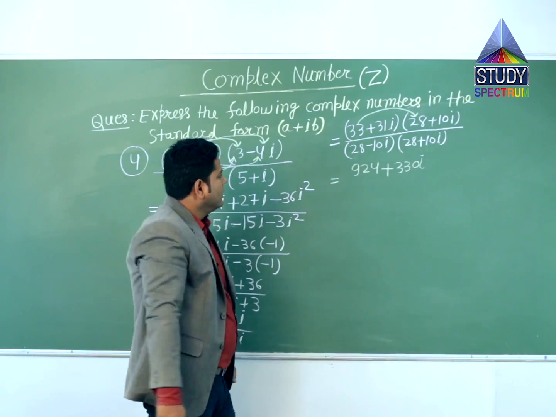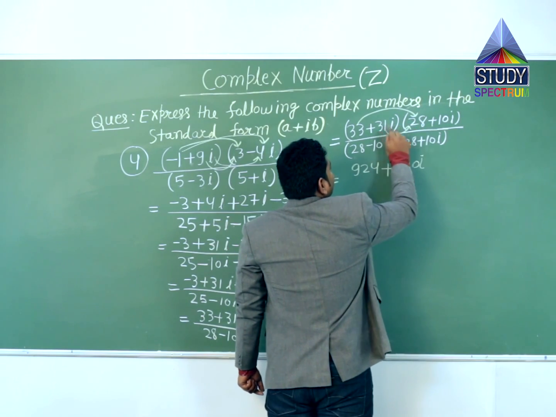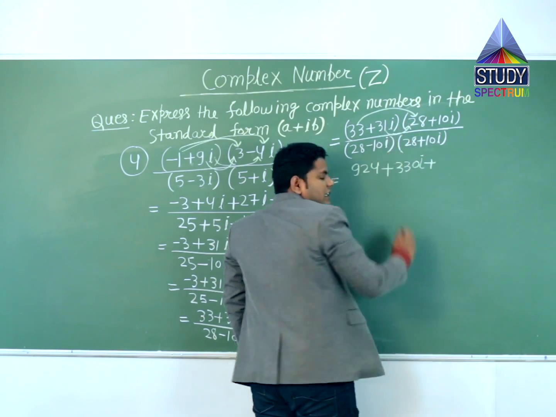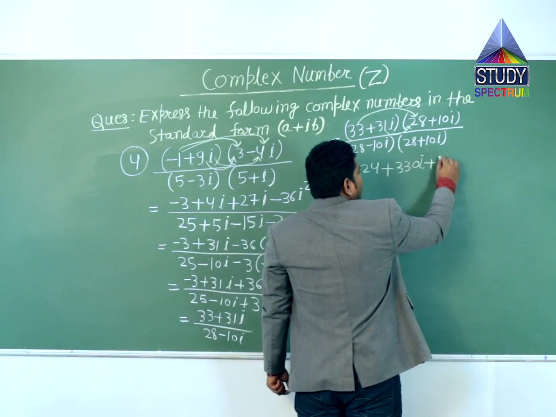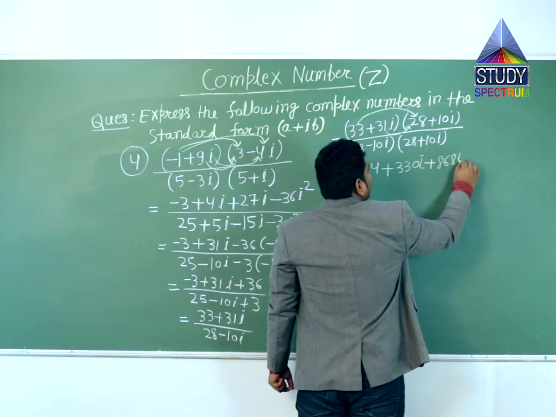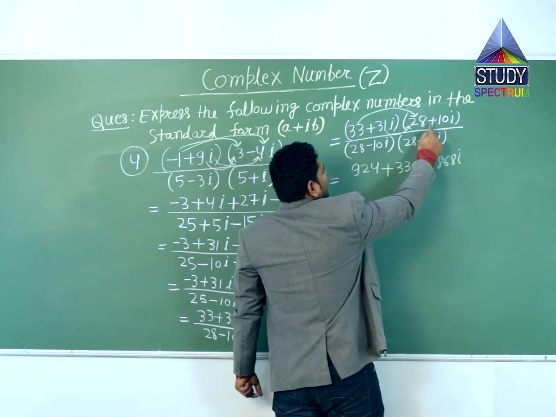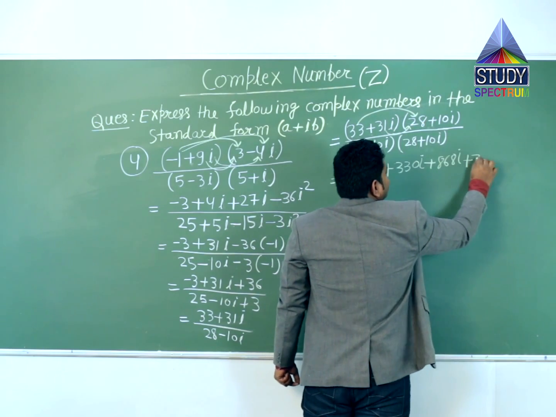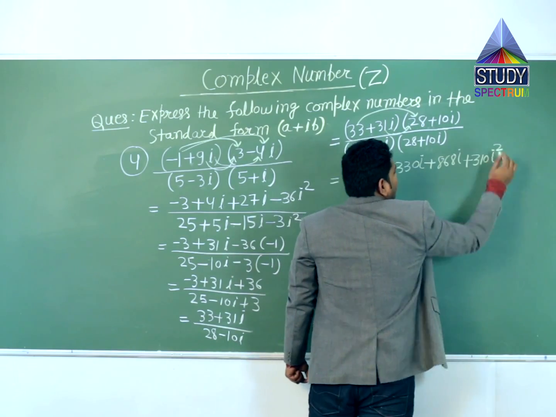Okay. Now we'll multiply 31i into 28. Here it is plus, here it is plus. So plus 31 into 28 is 868i. Plus 31i into plus 10i. So plus into plus is plus. 31 into 10 is 310, and i into i is i square.